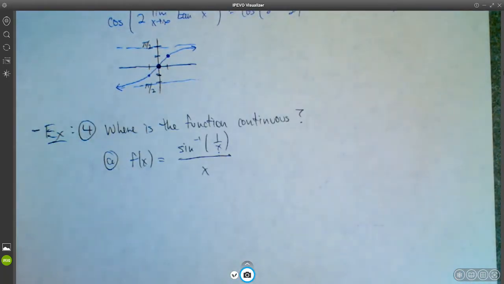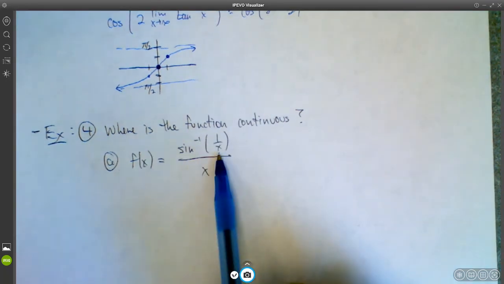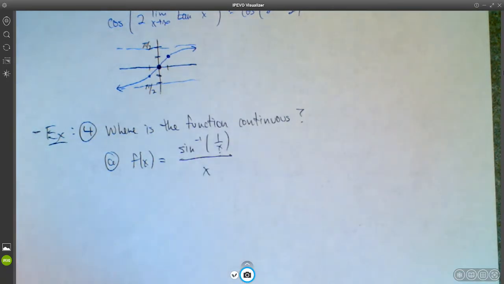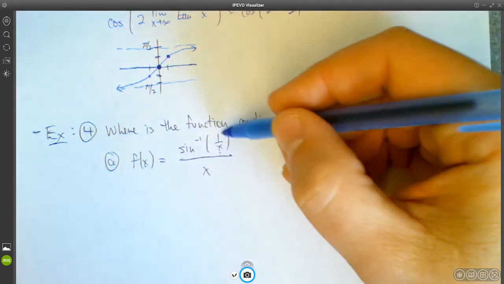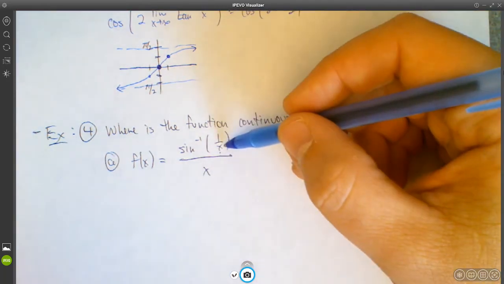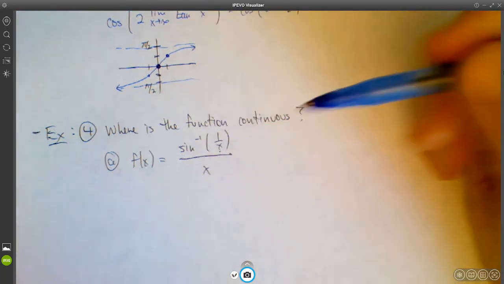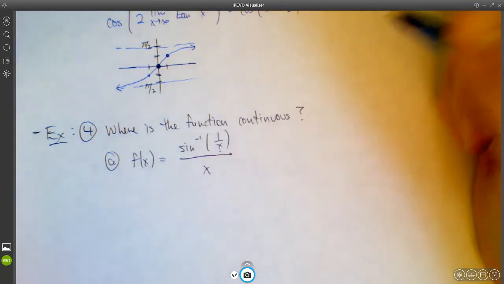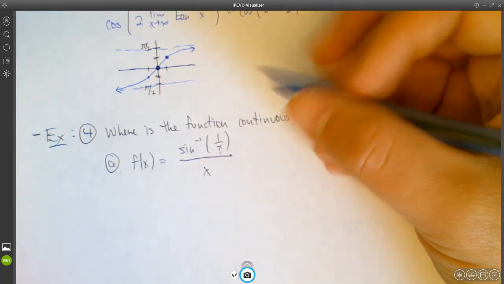So actually, you need for x to be bigger than or equal to 1, or less than or equal to -1. That's really what you need. Because that way 1 over x is going to be between -1 and +1. So how could we write this down? We could say something like this.